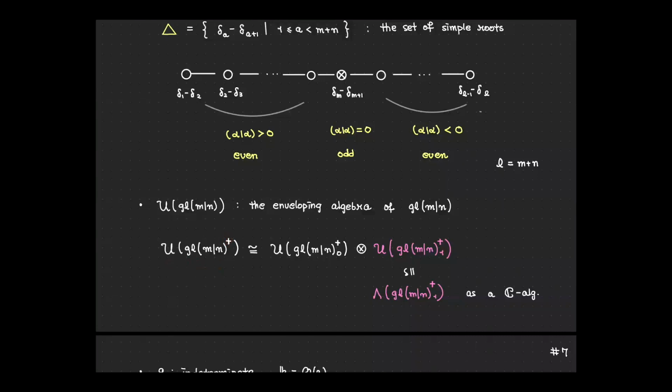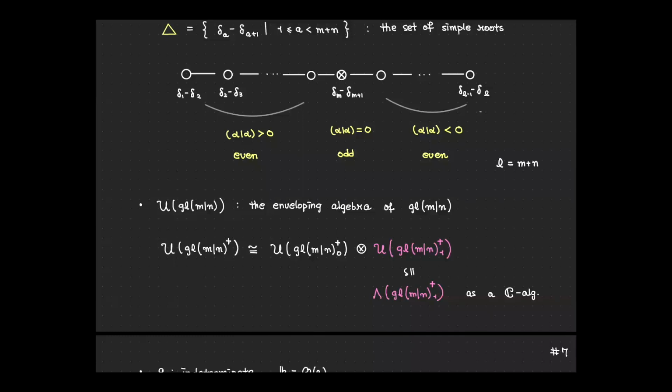This subalgebra decomposes into two parts, even and odd, and the even part is nothing but the enveloping algebra of the positive part of GLM plus GLN. And this part, we have odd roots. In this case, for any two odd root vectors, if we take the anti-commutator, then it's just zero.